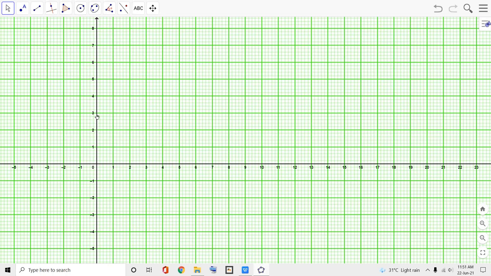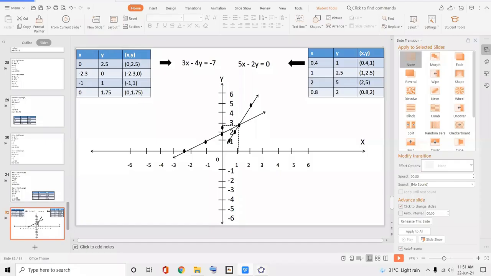So these all lines, they represent from 2.1 to 2.9. But there are only 4 lines. It means that this line represents 2.2. This line represents 2.4. This line represents 2.6. This line represents 2.8. And this line represents our 3. So our point is 2.5.